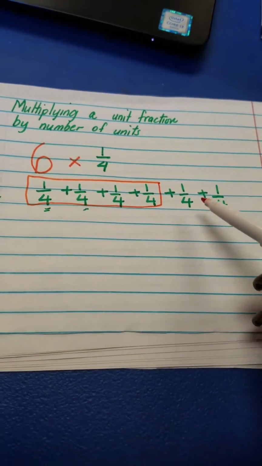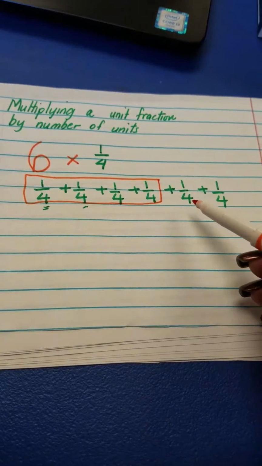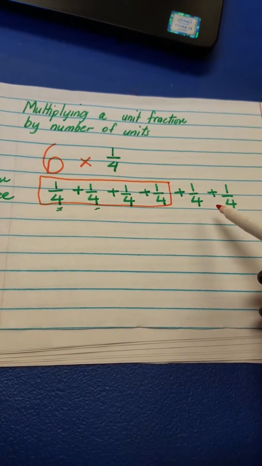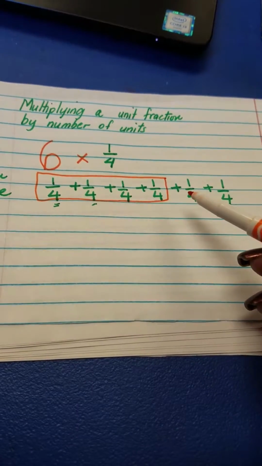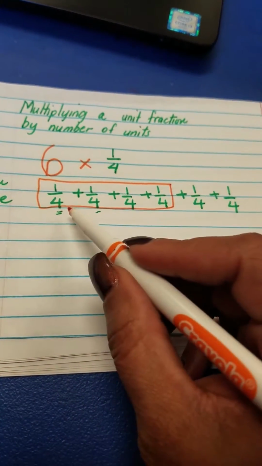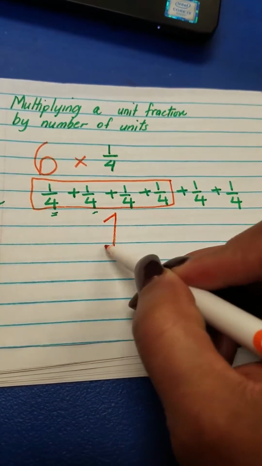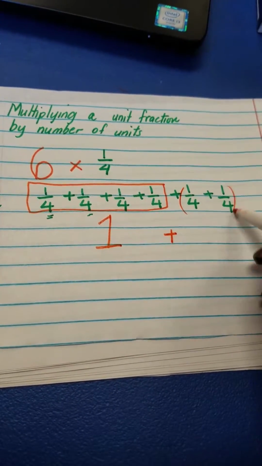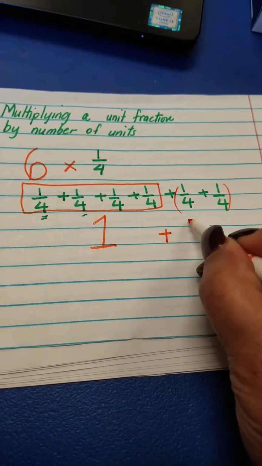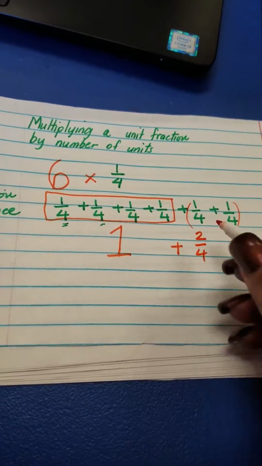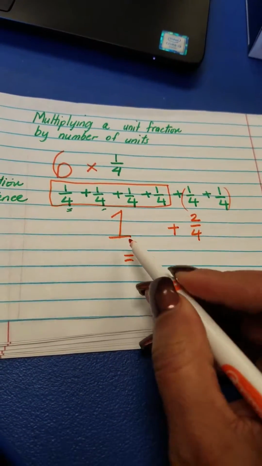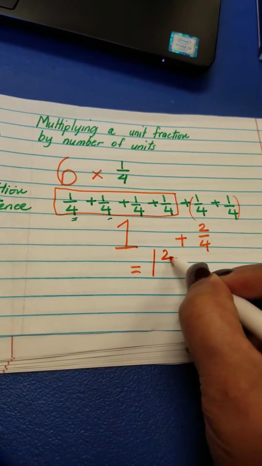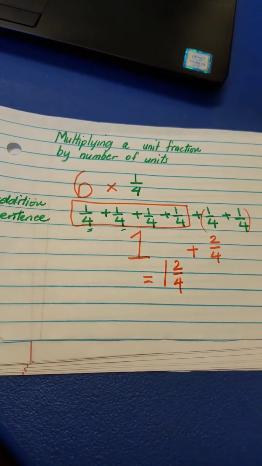Now I'm going to try to see if I can create another whole here. This is 1/4, 2/4. Can I make another whole? No, because I do not have enough. Here I have one whole plus, and I'll put these two together. 1/4 plus 1/4 gives me 2/4, and when I add those, I get 1 whole plus 2/4, which is 1 2/4.